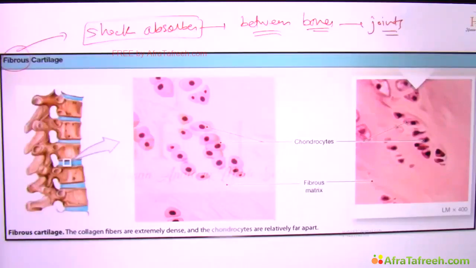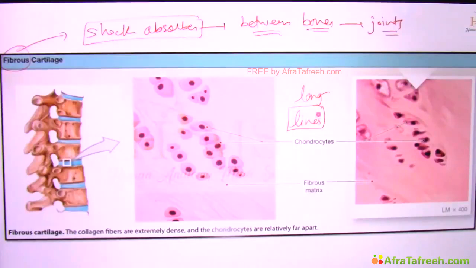How do you identify it? See, now it is lines of chondrocytes. They run in lines, and they can be long lines. You are comparing it with the hyaline cartilage where they were in bunches; here they are in lines.